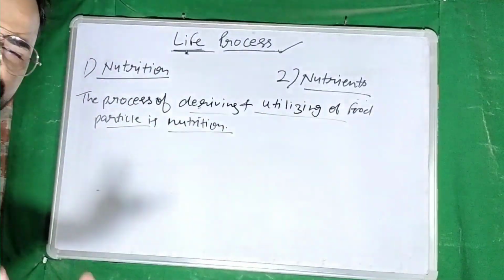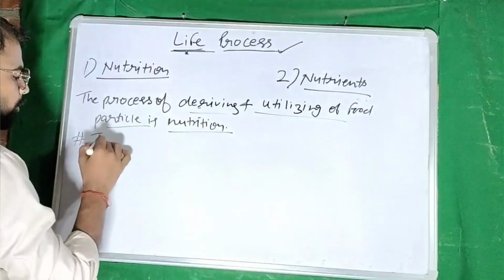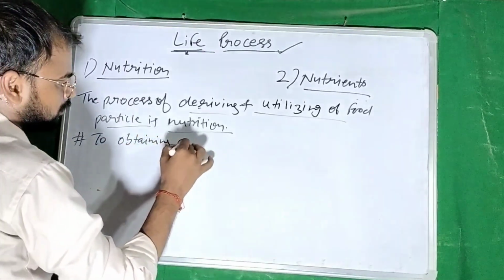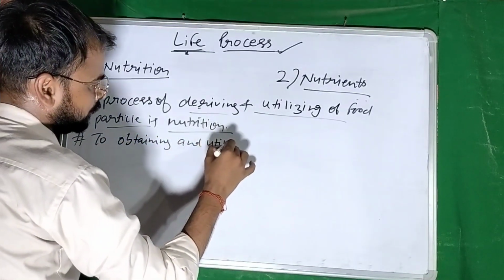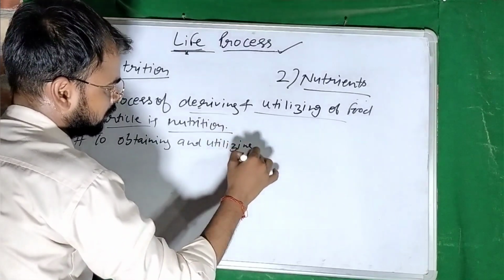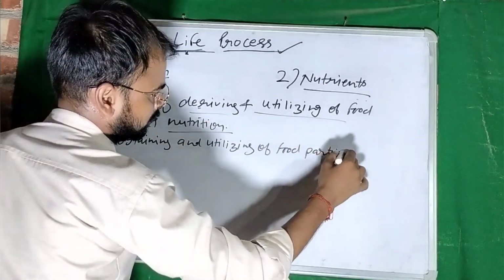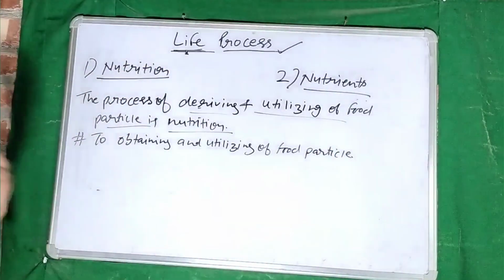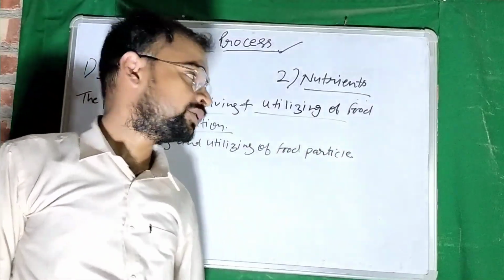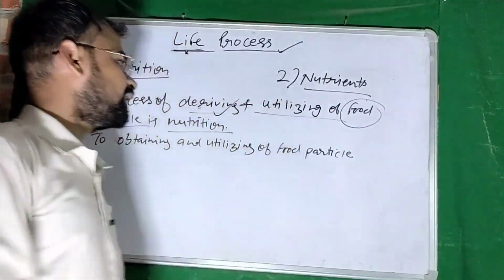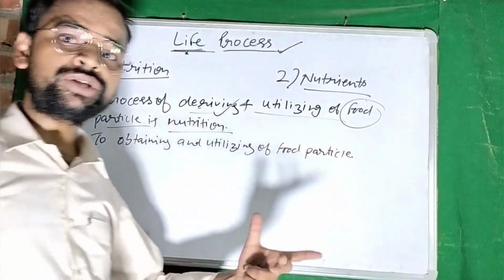In simple words, you can say that obtaining and utilizing food particles is called nutrition. Now one question will come to your mind: why is it necessary to derive and utilize food particles? What are you doing when you eat?